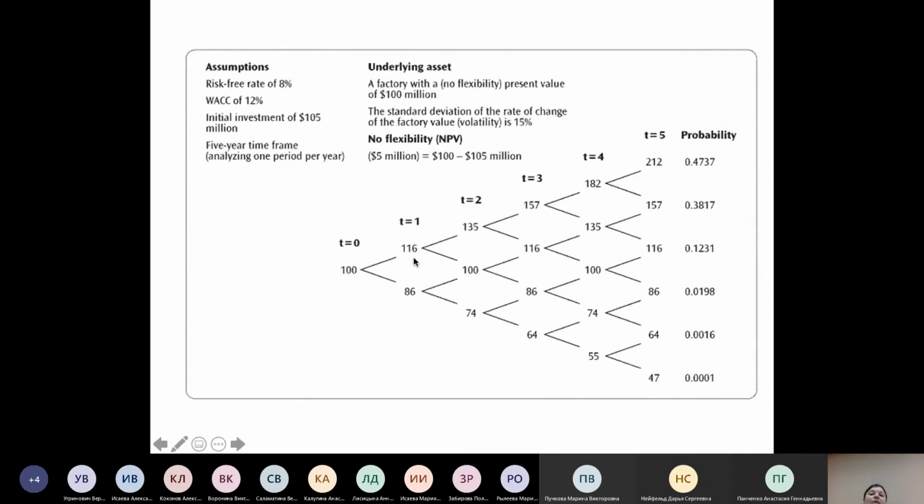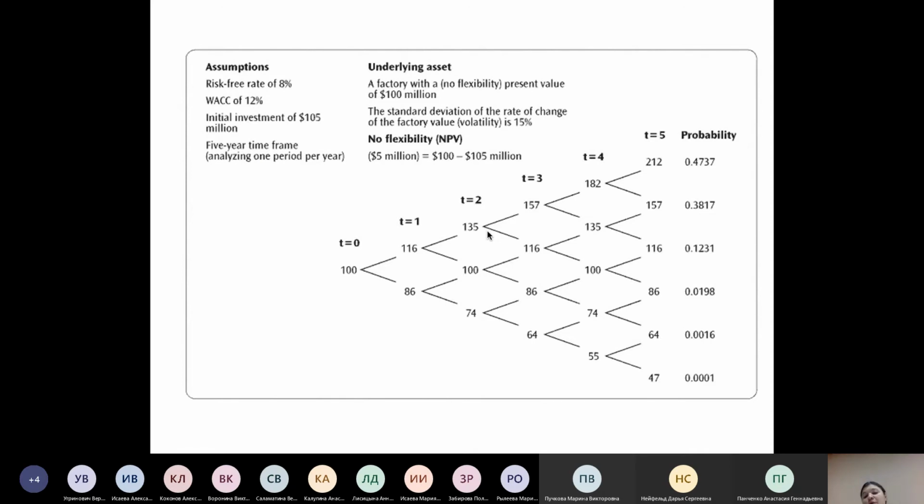Then, if in the first year our cash inflows continue the growth, it will be 116 multiplied by 1.16, which is 135.